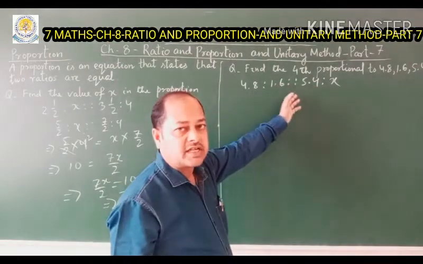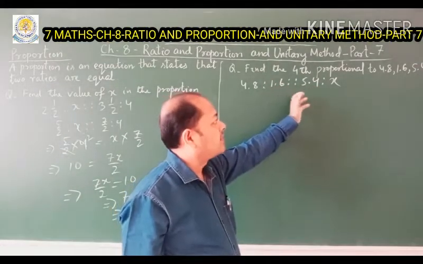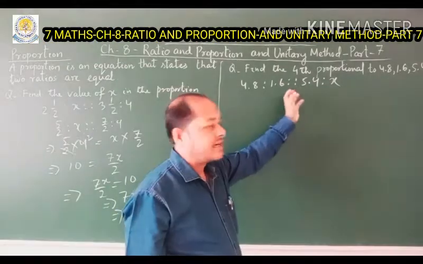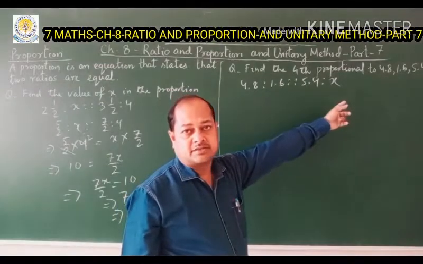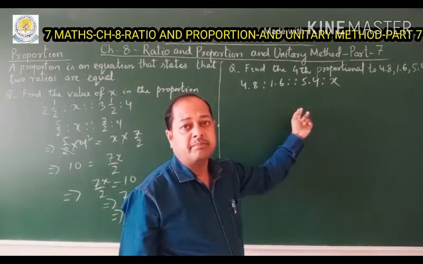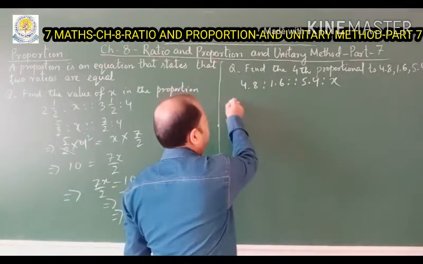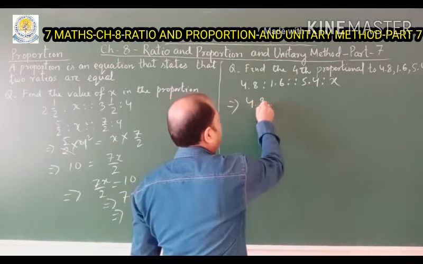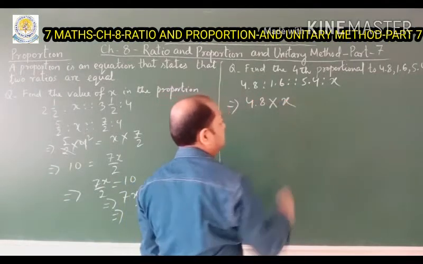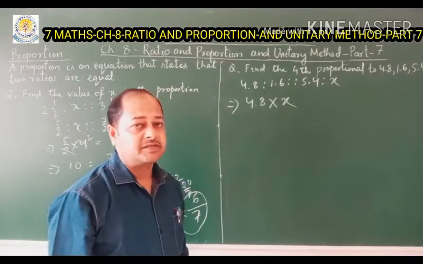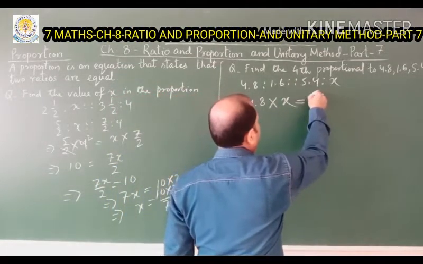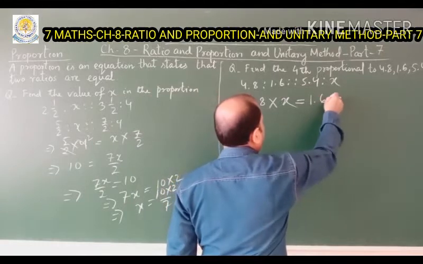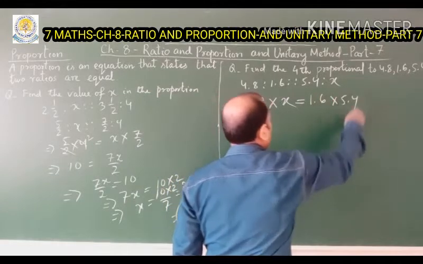So this is a proportion now. From this proportion we have to find out the value of x. What is the formula? The formula is that the product of the extremes equals the product of the means. So write down here the product of extremes, 4.8 into x, equal to the product of the means, that is 1.6 into 5.4.